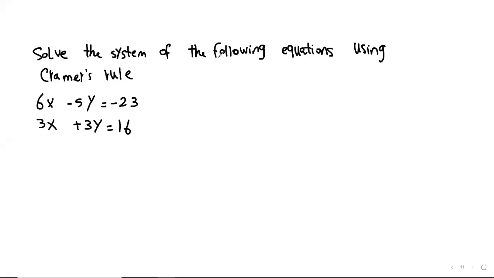Solve the system of the following equations using Cramer's rule. And Cramer's rule depends on the determinants. So look at the steps we follow to find the value of x and y. They are two simultaneous equations. So write delta. What is delta? It is the determinant of the coefficients.